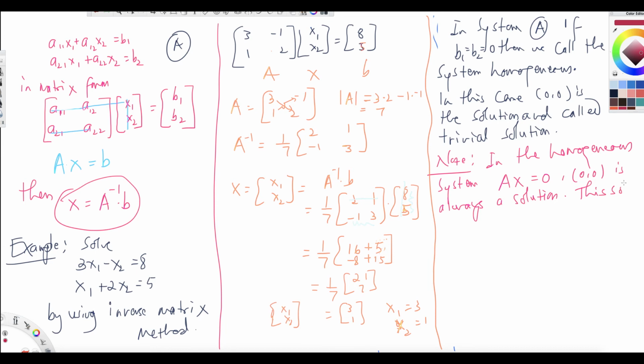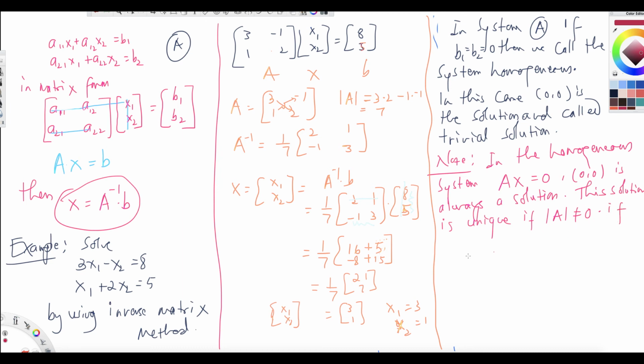This solution is unique if the determinant of A is not equal to 0, meaning it is not singular. If A is a non-singular matrix, then the solution will be unique. If the determinant of A equals 0, then infinitely many solutions exist. Non-trivial solutions also exist, and they are proportional to each other.